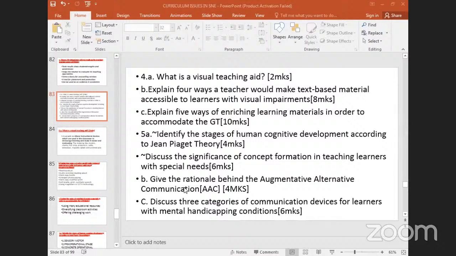So when we talk about the AAC, we are talking about alternative ways of communicating, especially for persons with disabilities, especially those who have severe expressive communication disorders. So now, back to the question.